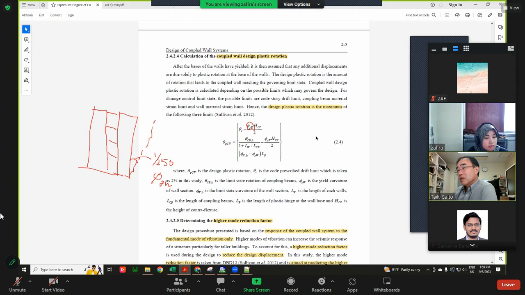And they are discussing the angle of coupling beam. It's a geometric relation.